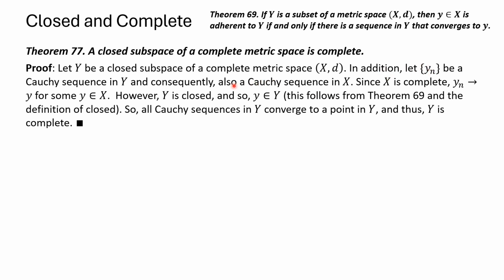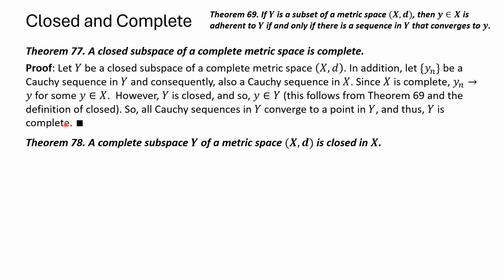Let Y sub n be a Cauchy sequence in Y, and consequently it's also a Cauchy sequence in X. That's just because Y is a subset of X. Since X is complete, Y sub n converges to some y, an element of X. But if you have a convergent sequence in Y to some little y, then from theorem 69, that little y has to be adherent to Y. It's not necessarily an element of Y, but it needs to be adherent to Y. However, we're told that Y is closed, and so a closed set contains all its adherent points, and so y is an element of Y. And so we've shown that every Cauchy sequence in Y converges to a point in Y, and thus Y is complete. So that's our first theorem.